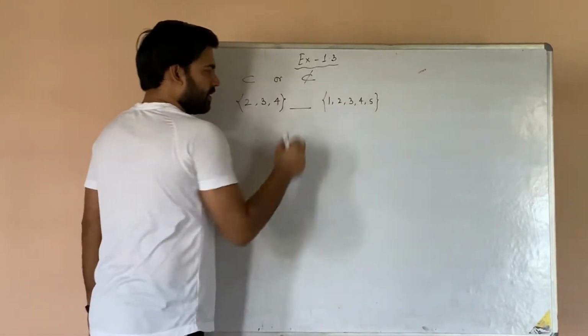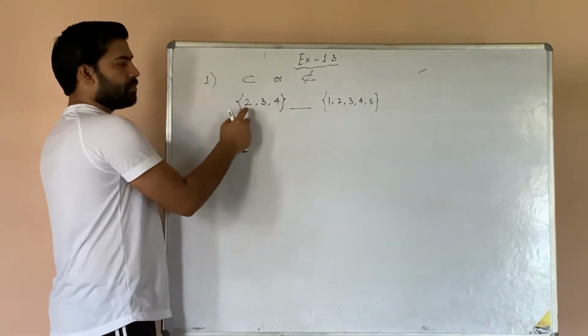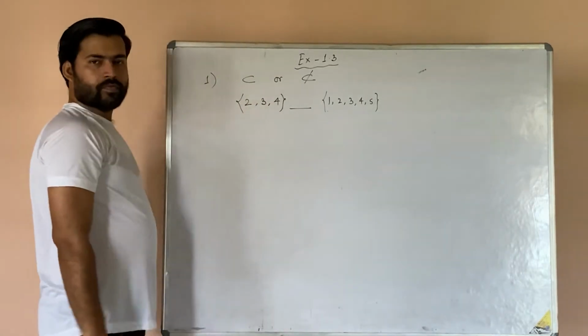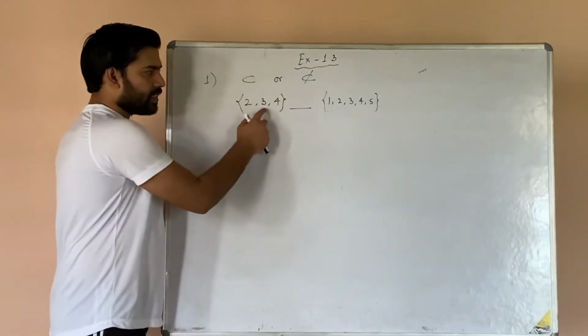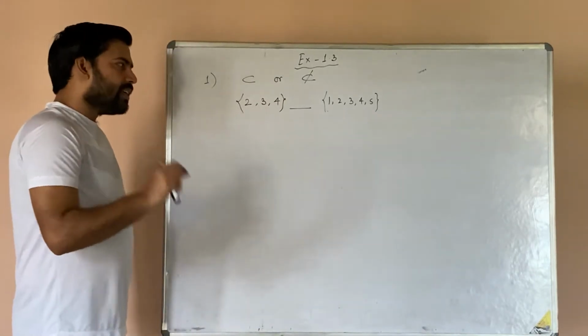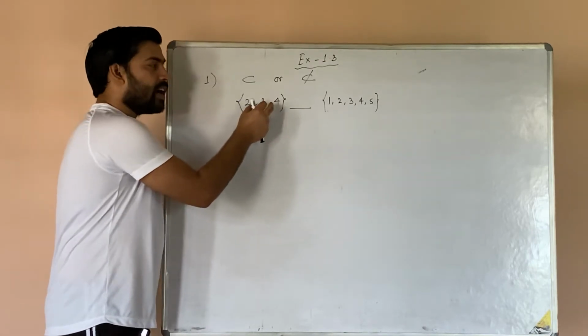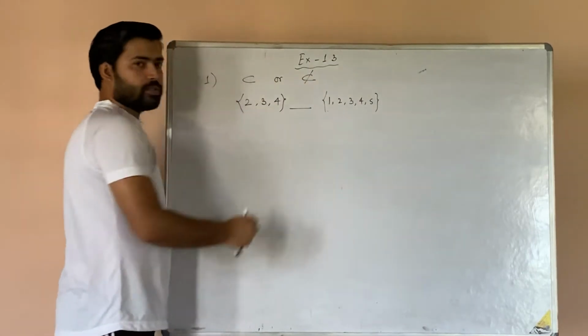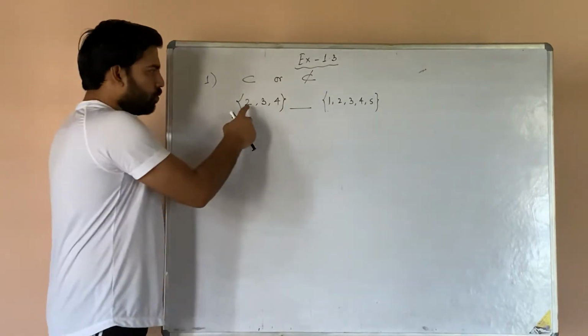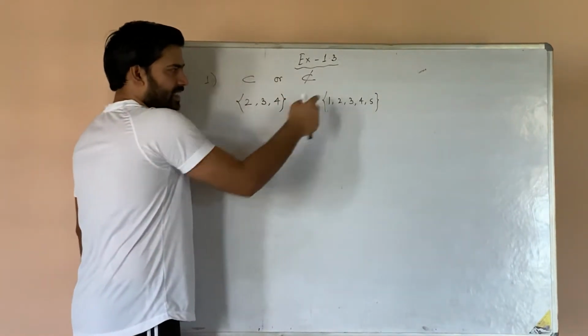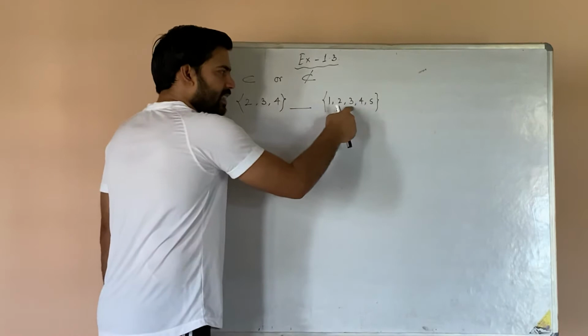This is another set. The elements of the set are basically 2, 3 and 4. You need to check whether each and every one of these elements is there in the next set also. Is 2 there in the next set? Yes, it is there. Is 3 there in the next set? Yes, it is there.